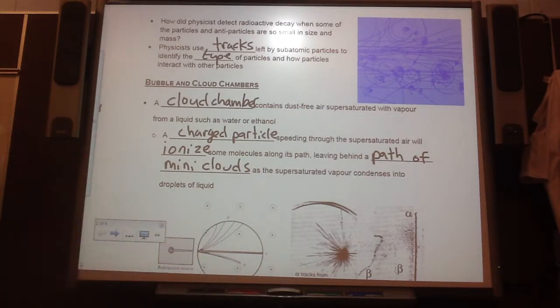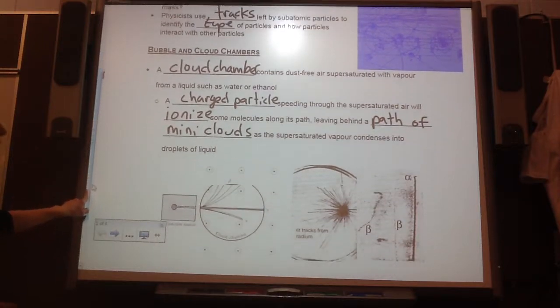Think about it like watching a jet plane go across, you see the puffs of air that it leaves behind. You can see the jet stream, right? It leaves behind these little puffs, because it's changed the air around it.